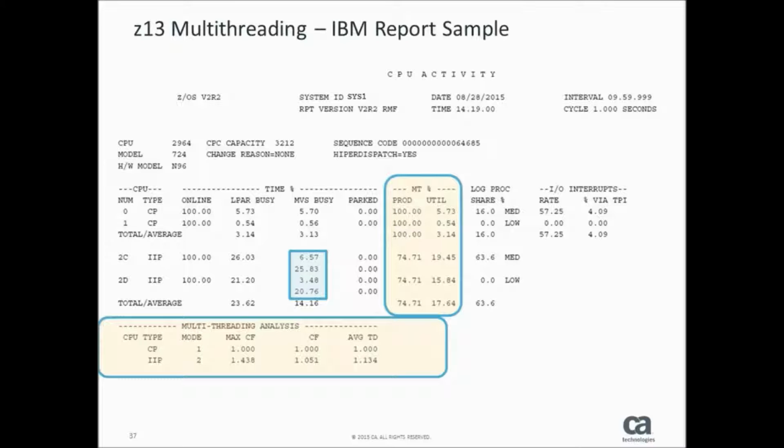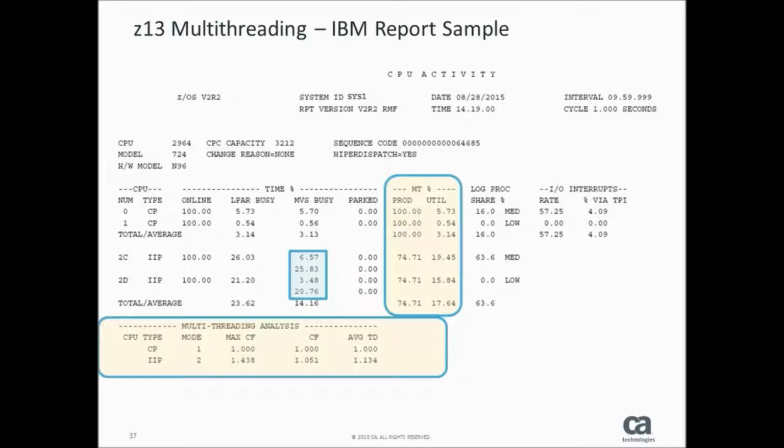And basically, the productivity percentage is multiplied against the LPAR busy time. And if you're running single-threaded, you're 100%. If you're running multi-threading, you can fall short of achieving what you could have. And this 74% you see here is roughly the ratio of what you achieved versus what was possible.